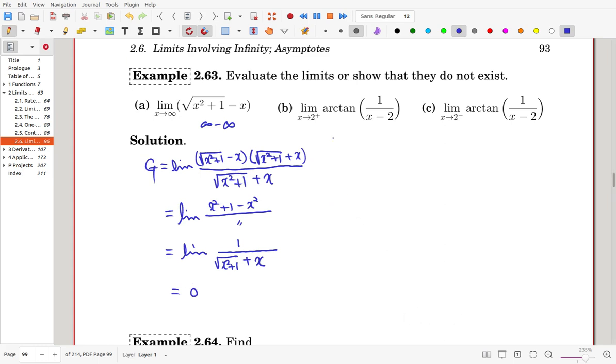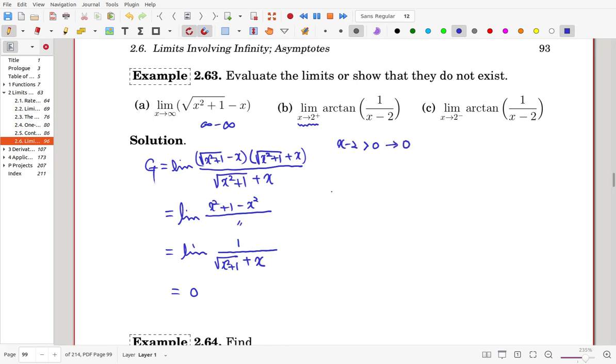Now part B: we want to find the arctangent of 1 over x minus 2 as x approaches 2 from the right. So x is larger than 2 and approaching 2, which means x minus 2 is larger than 0 and approaching 0.